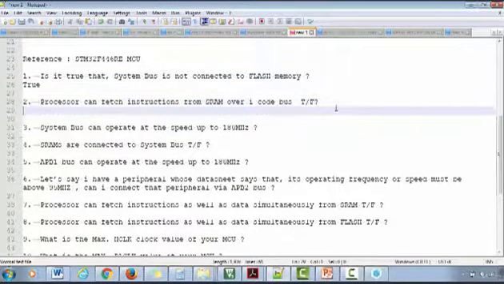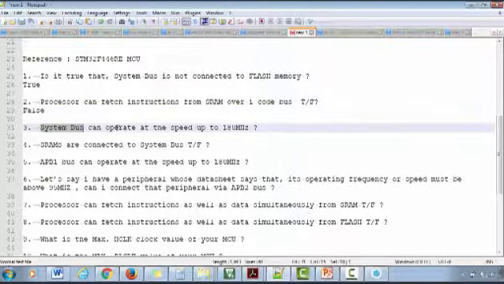For the time being, I will say false, but that is actually not entirely true. There are some advanced techniques by which you can make your processor fetch instructions from SRAM over the I code bus. That's possible. We'll see that later, so let's not worry about that. But for the time being, I will say false.